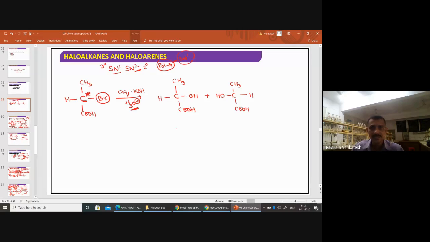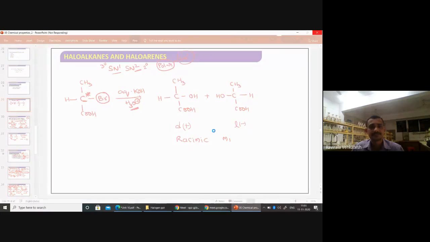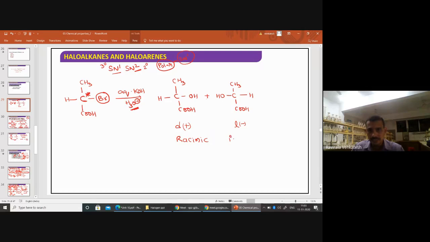One will be dextro, the other will be levo. One will be plus, the other will be minus. So we are going to get the racemic mixture.